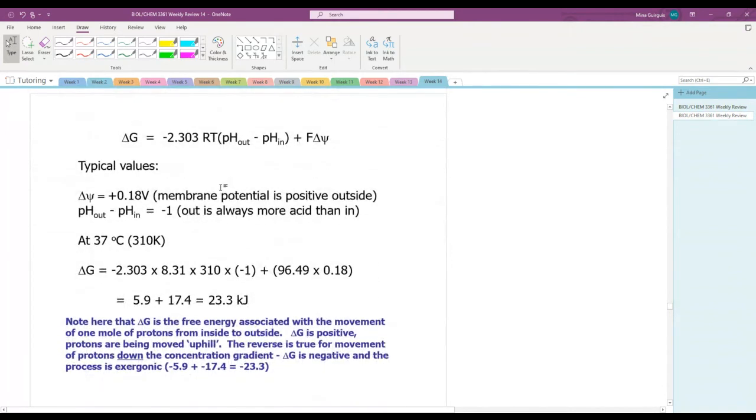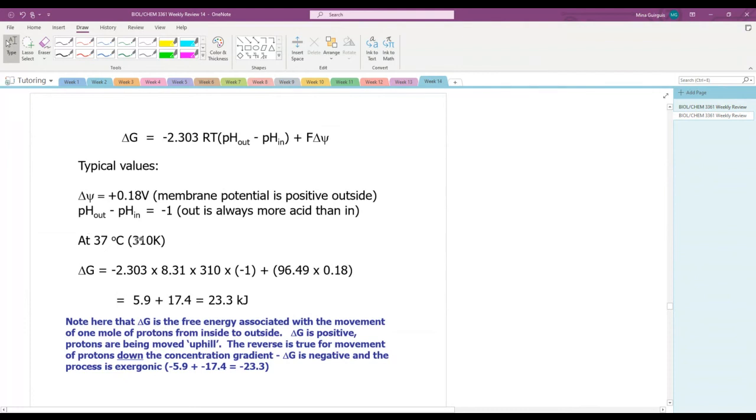The membrane potential is plus 18 volts. The difference between the pH of the external, which is the intermembrane space, and the pH of the mitochondrial matrix is about -1, it's estimated.